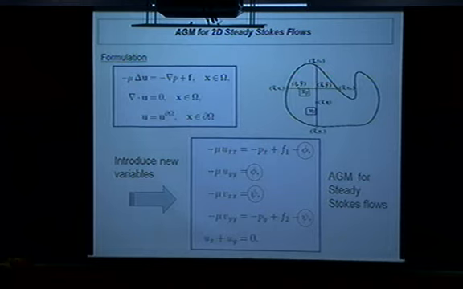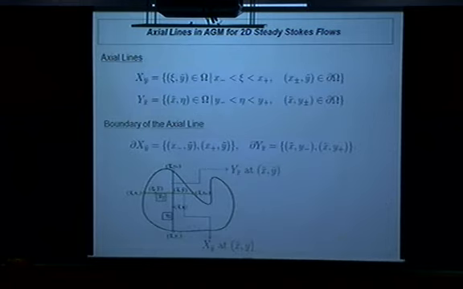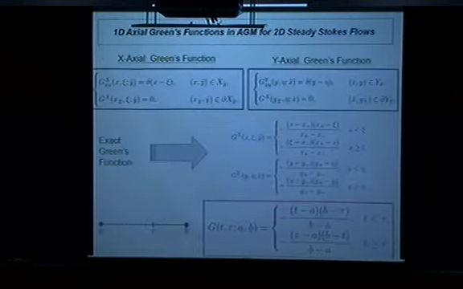produces successful results. Okay, this is a revisiting of the x-axial lines and y-axial lines. We define the x-axial Green function like that. This is the y-axial Green function. In this case, there is no kappa, so only the Laplacian. So the conductivity kappa is only 1 in this case.